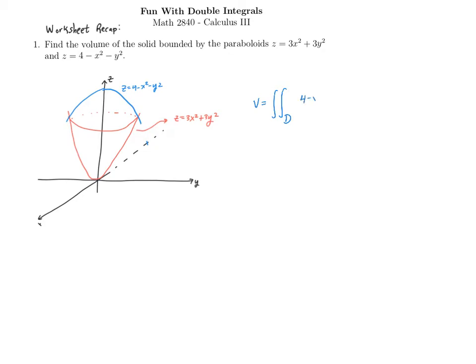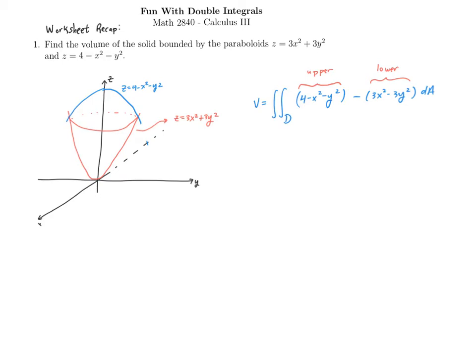So think 4 minus x squared minus y squared, the upper surface, minus the lower surface. And after this example, I may stop writing this, we will see. You think upper minus lower. That's our intuition.